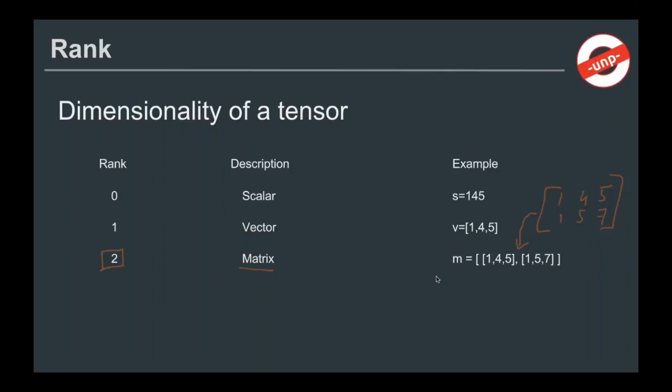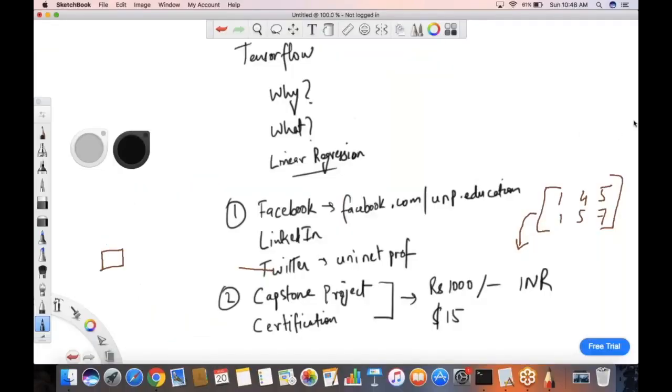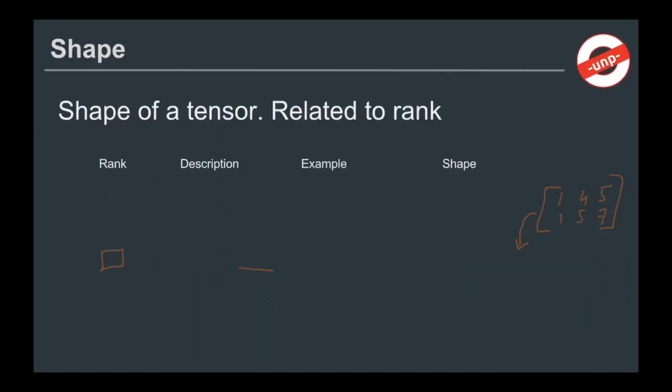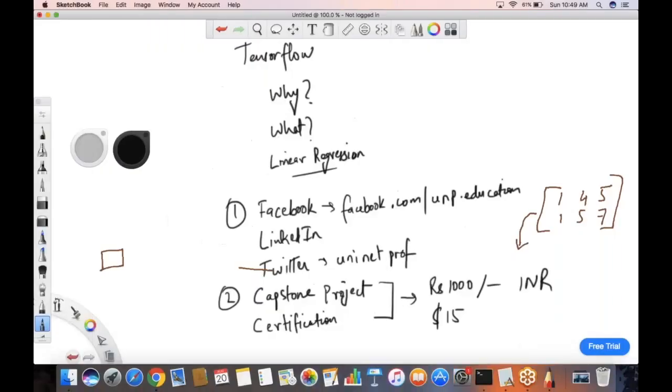So a matrix is a 2-dimensional array of numbers, right? And then we finally come to a tensor, where a rank 3 tensor can be called a cube, and it looks something like this. It's just a list of lists of numbers. Now this is how we define a rank.